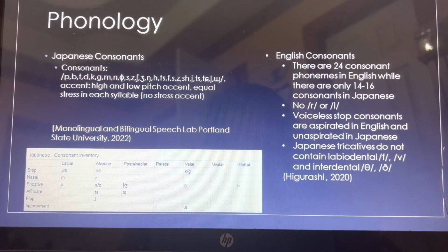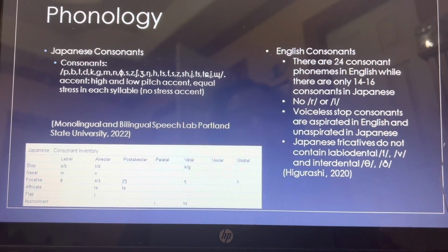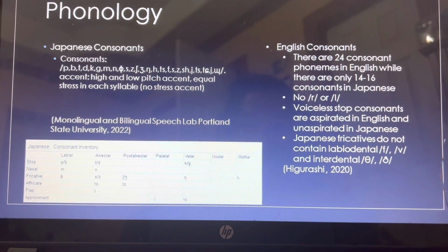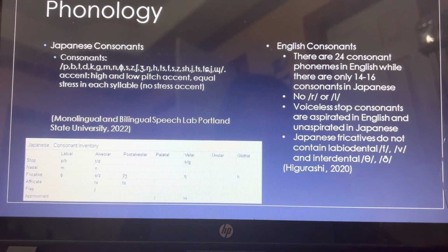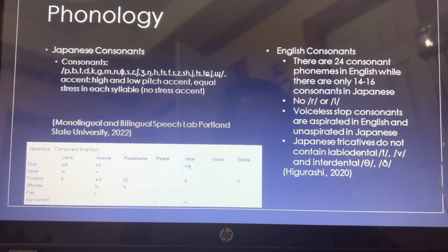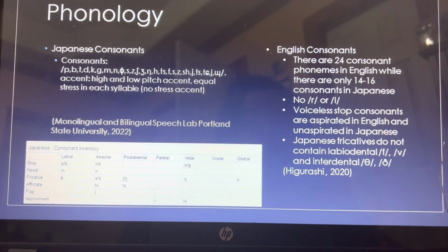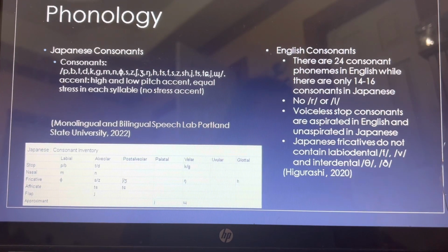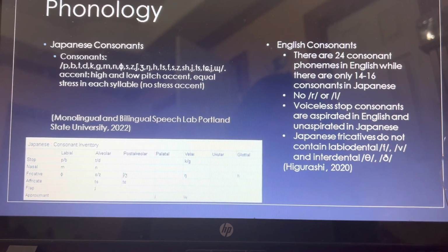I even have a little note right there of the consonant inventory. And then on the other side, I have the English consonants. In comparison, there are 24 consonant phonemes in English, and on the Japanese side, there's about 14 to 16 consonants. So pretty huge difference, I would say.